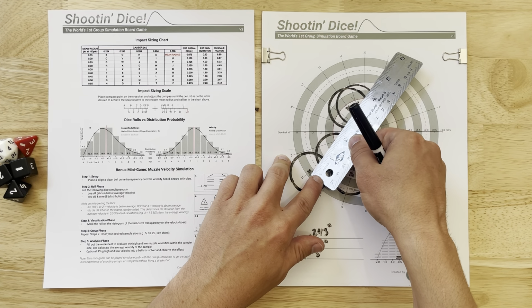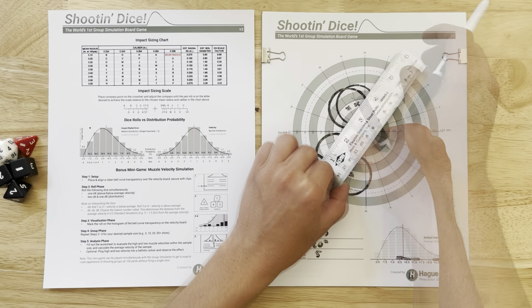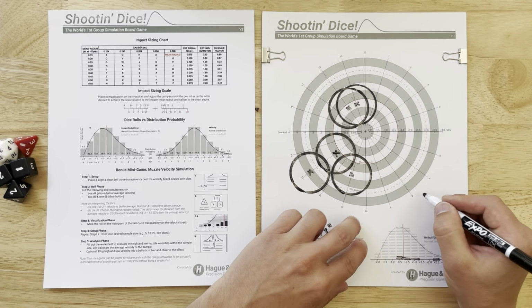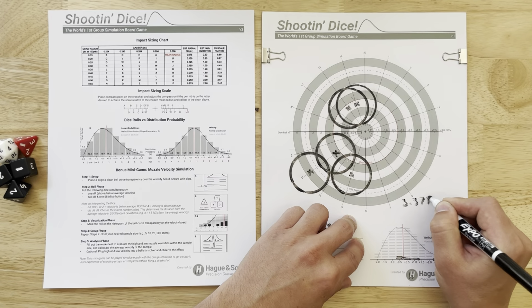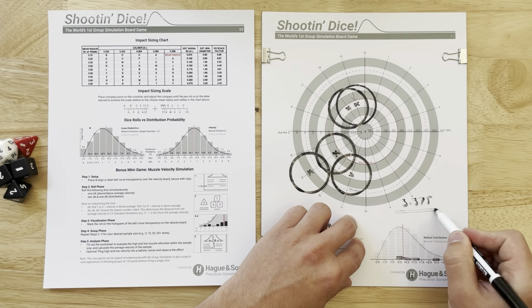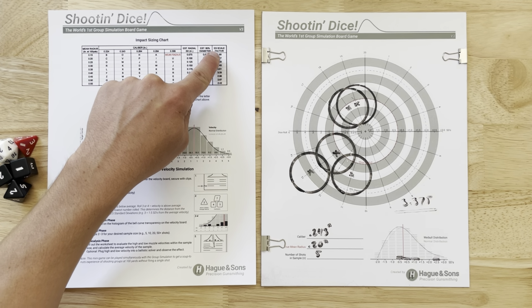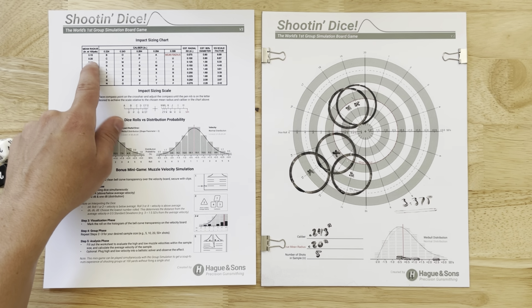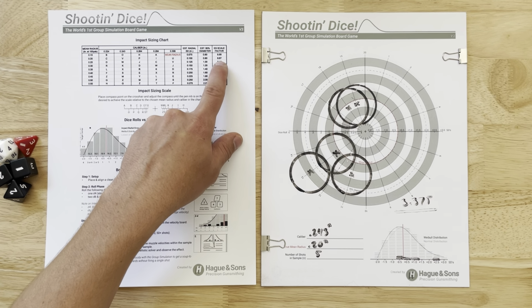So if we measure our group on the target, we get a center-to-center distance of 3 3/8 inches. And if we divide that by this extreme spread scale factor on our chart with a mean radius of 0.20, it says 6.67.